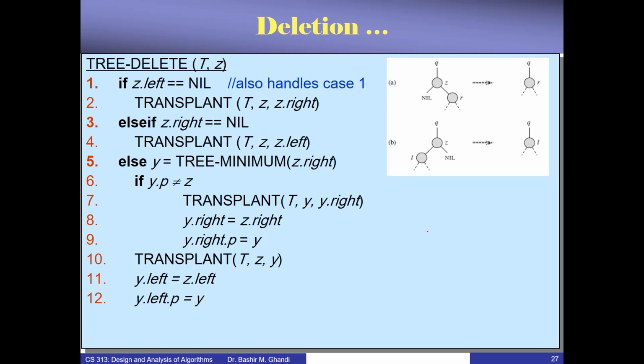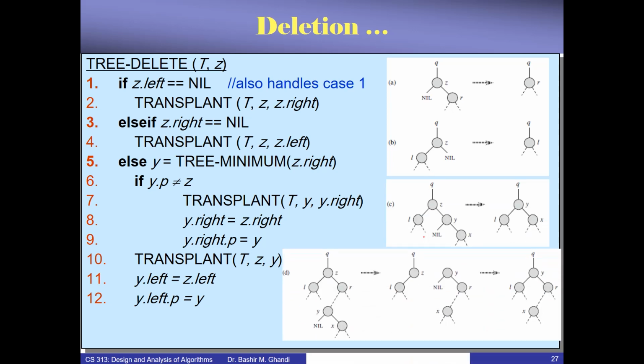Okay, we found a successor Y. Let me show the two diagrams because there are two cases here. One is where the successor is an immediate right child, and the other is where the successor is not an immediate right child.